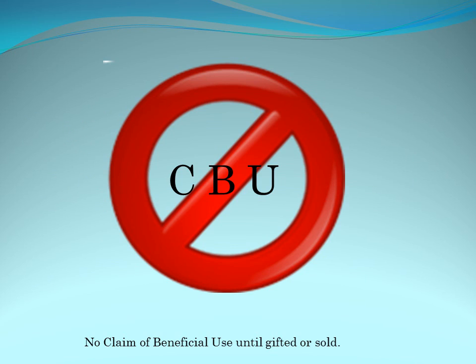So in essence, the applicant's portion of conserved water does not need to be proved up on, meaning a claim of beneficial use filed, until it is gifted or sold. To move the water around, only a notice of use or disposition form needs to be filed, provided the use is within that broad area identified in the application and it does not enlarge the right.